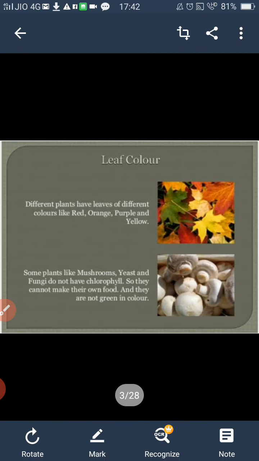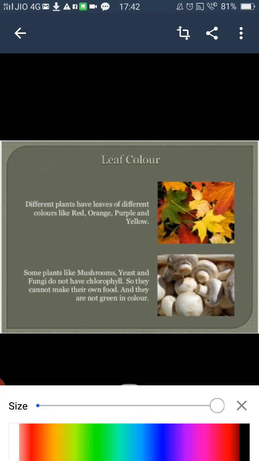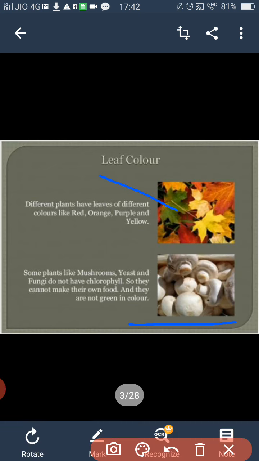But these plants like mushroom and fungus don't have chlorophyll. That is why the color is white, right? Here you can see in the picture, these mushrooms are white because they don't have chlorophyll. This leaf is green in color because it has chlorophyll in it.